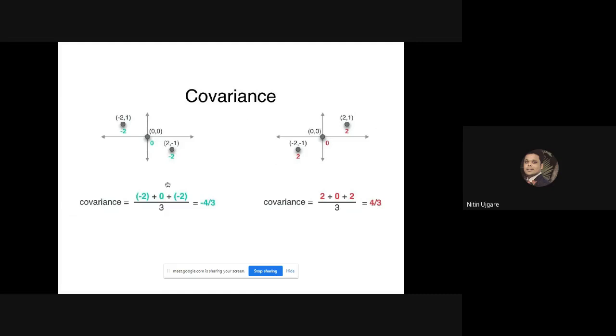So whenever you have a set of points in this direction, we will call them negative covariance points, and whenever you have a set of points in this direction, we will call them points with positive covariance. You can also call it a correlation amongst the points. So this set of points has negative correlation, and this set of points has positive correlation.